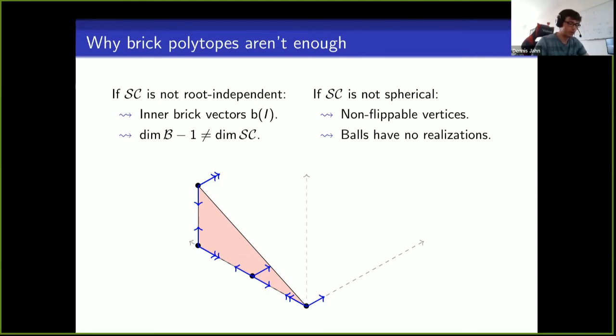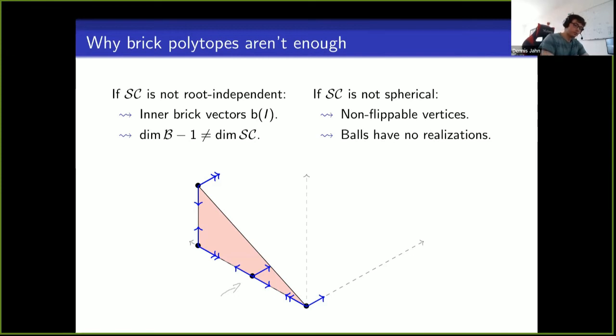If the Subword complex is not root independent, this corresponds to the appearance of such inner brick vectors. So we lose that every brick vector is a vertex of the brick polytope. And in general, the dimensions do not fit to obtain a realization. If the Subword complex is not spherical, it's even worse. We then have non-flippable vertices, as seen in the example.